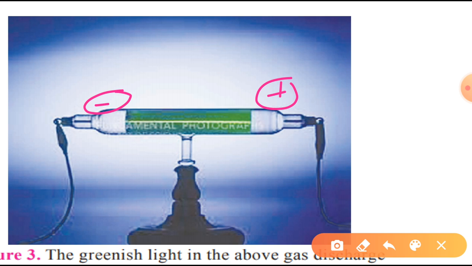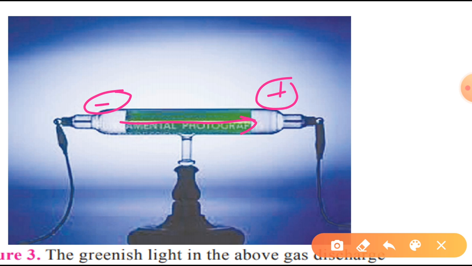At very low pressure, when a very high amount of electricity was passed through this discharge tube, these gases got ionized, because of which they released electrons, and as you know, electrons are negatively charged. They start traveling from this negatively charged cathode toward the positively charged anode.